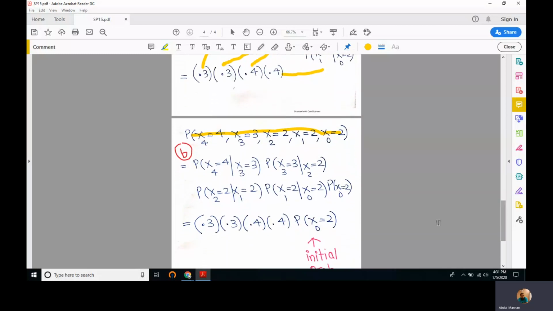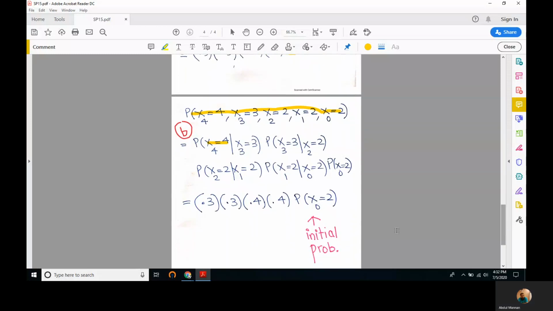So we'll again apply the product rule as well as the Markov property at the same time, neglecting all the terms that we could write after X3 equal to 3, because we applied the Markov property and found that this term is independent of all other terms. Therefore we don't write those terms. We keep on applying the chain rule until it takes us to this point.